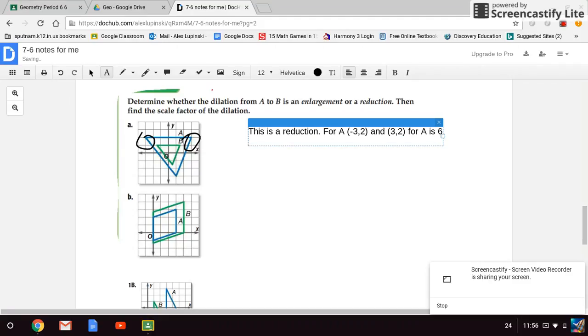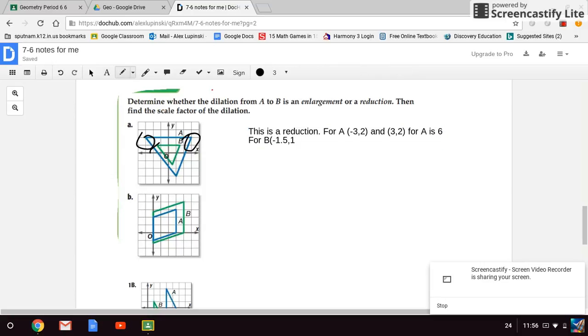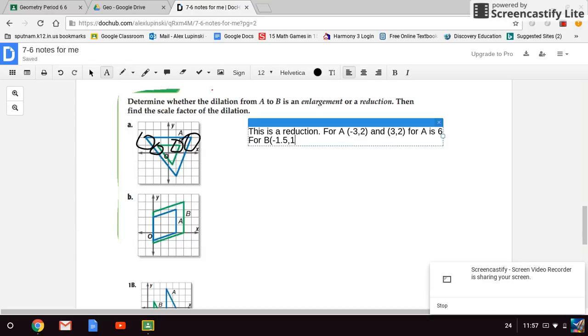And then for B, you take basically the same points, except in this case it doesn't go all the way, so it's -1.5, 1. Again, here, let me circle them. That one and that one, and 1.5, 1.